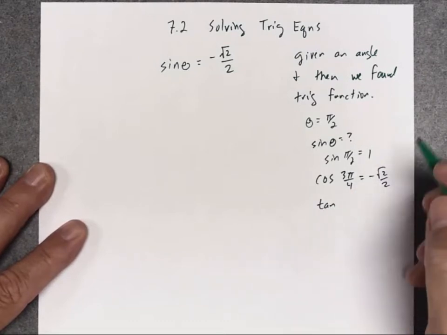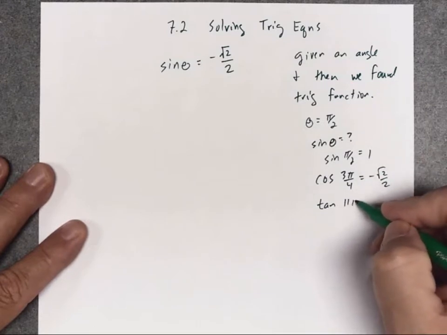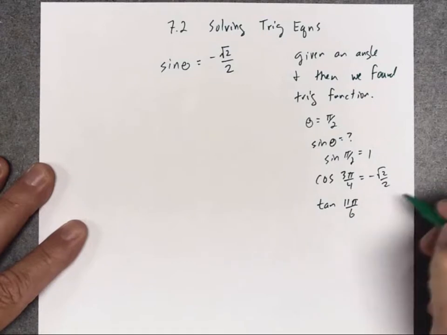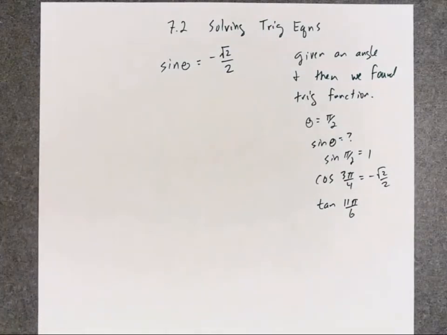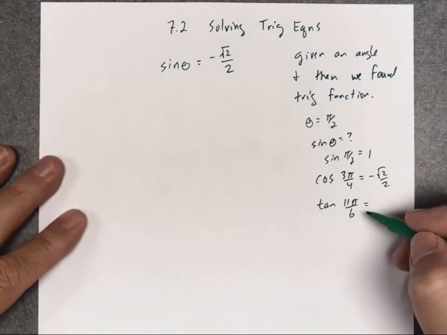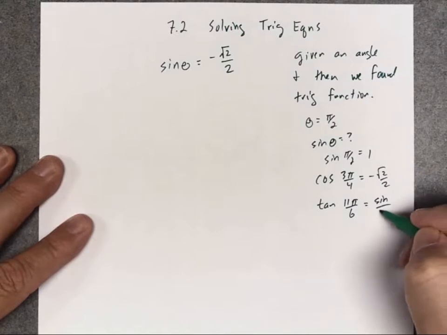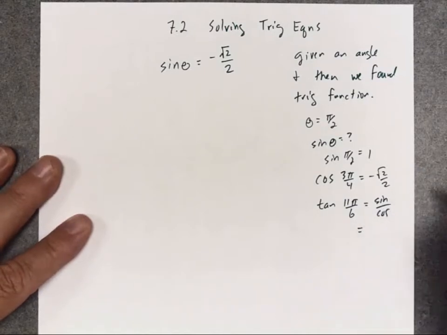Or what's the tangent of 11 pi over 6? Once again, using the unit circle, in my mind I figure out where 11 pi over 6 is, which is there in the fourth quadrant. Of course, I tell myself tangent is sine over cosine.